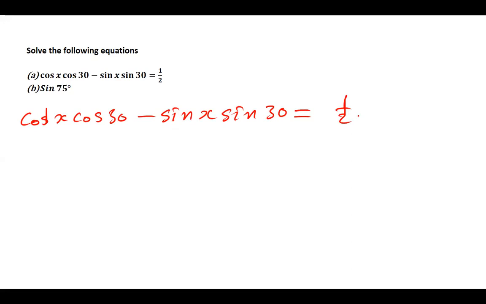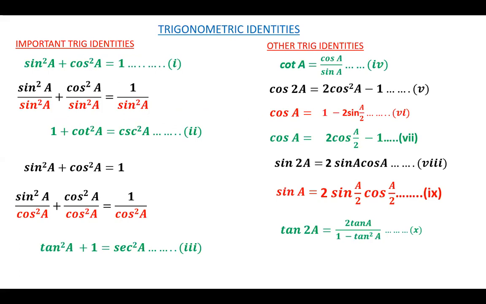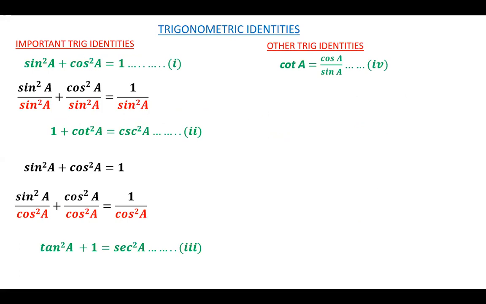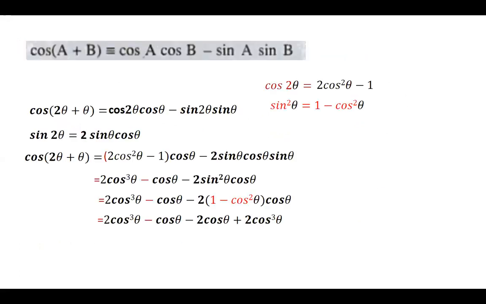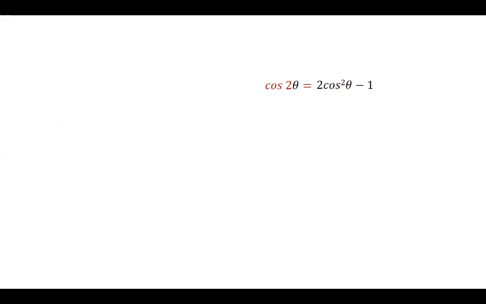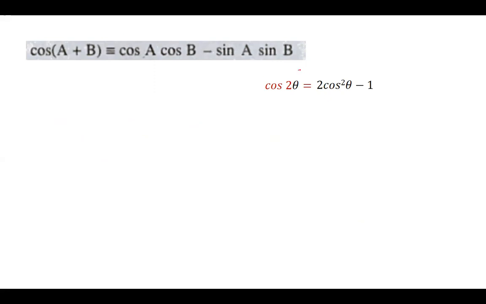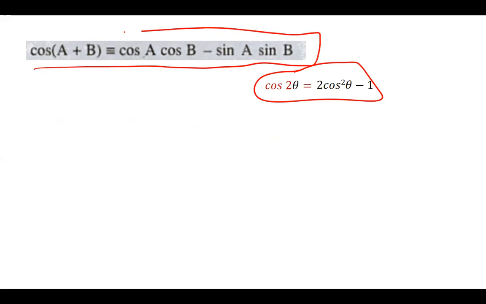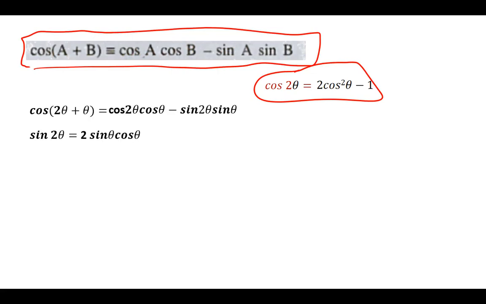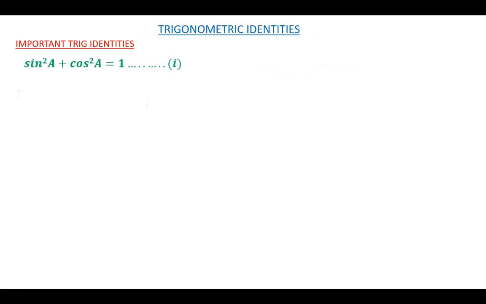If you remember the compound angle formula for cos, let me just go back to it. I want to show you. Forget about this, I just want you to focus on this. Cos A plus B is equal to cos A cos B minus sine A sine B. So let's jump to that slide.